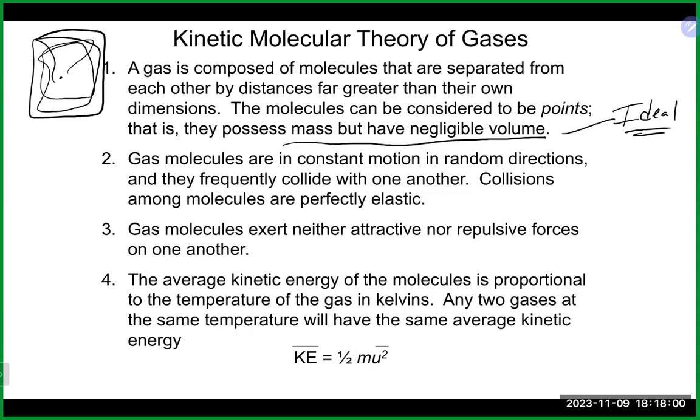And that brings us to number 3, which is the other part of the deal that makes something an ideal gas. And that is that gas molecules exert neither attractive nor repulsive forces on one another.